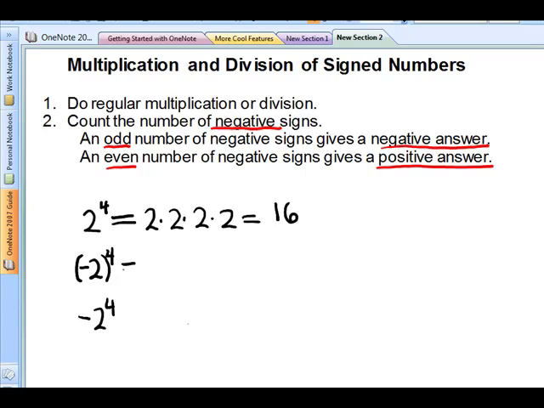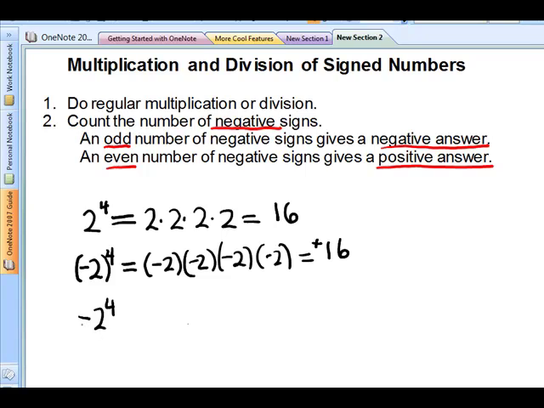So everything is included going to the power. And we do our multiplication. 2 times 2 is 4, times 2 is 8, times 2 is 16. Count the negatives. 1, 2, 3, 4. That's even, so we get a positive 16.